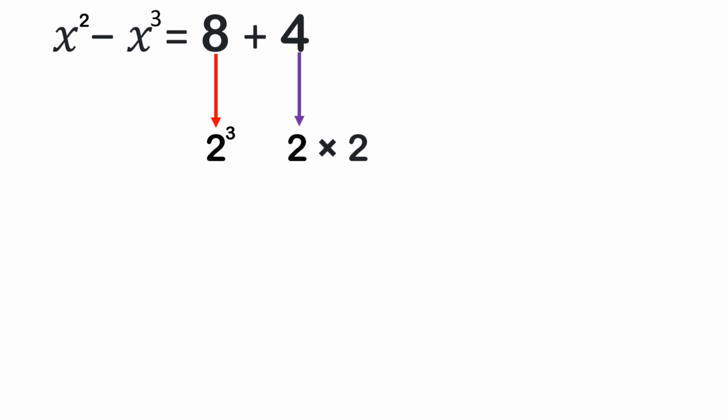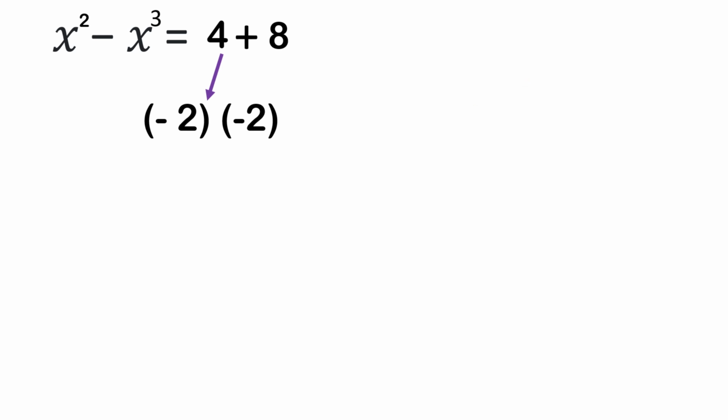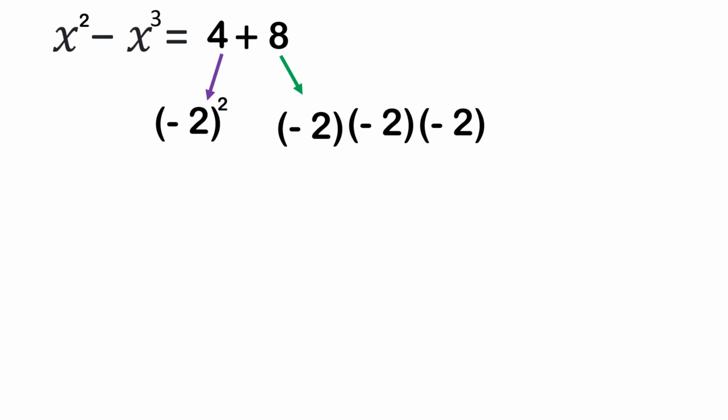So if you think a little bit, we can rewrite this 4 as negative 2 times negative 2, where both these minus signs cancel out and we get 4. So negative 2 whole squared equals 4. Also, negative 2 times negative 2 times negative 2 equals, this will be 4, and 4 times negative 2 equals negative 8.